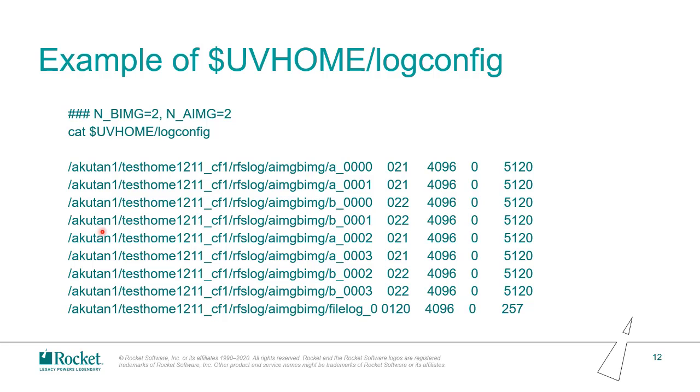The second set includes those 4 log files. Again, we have 2 after image log files, 2 before image log files. The last one is for file level recovery purposes.